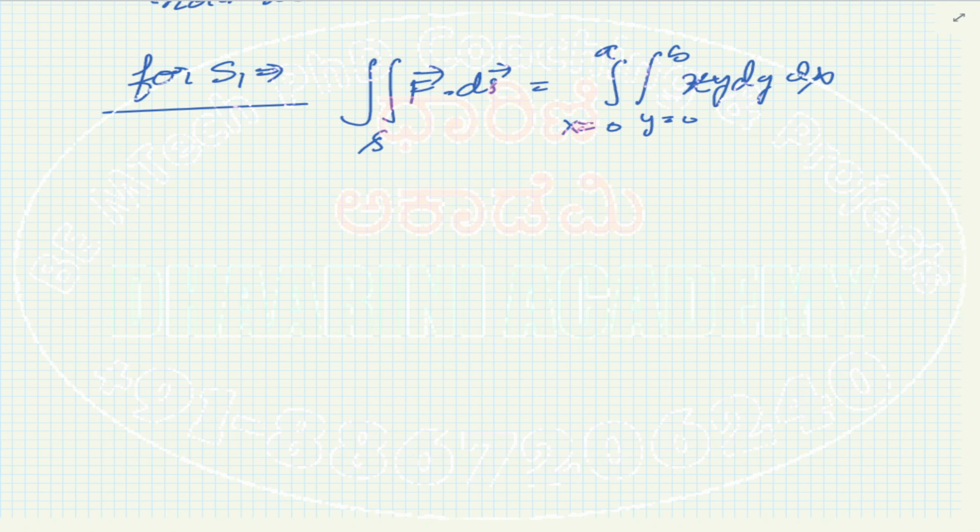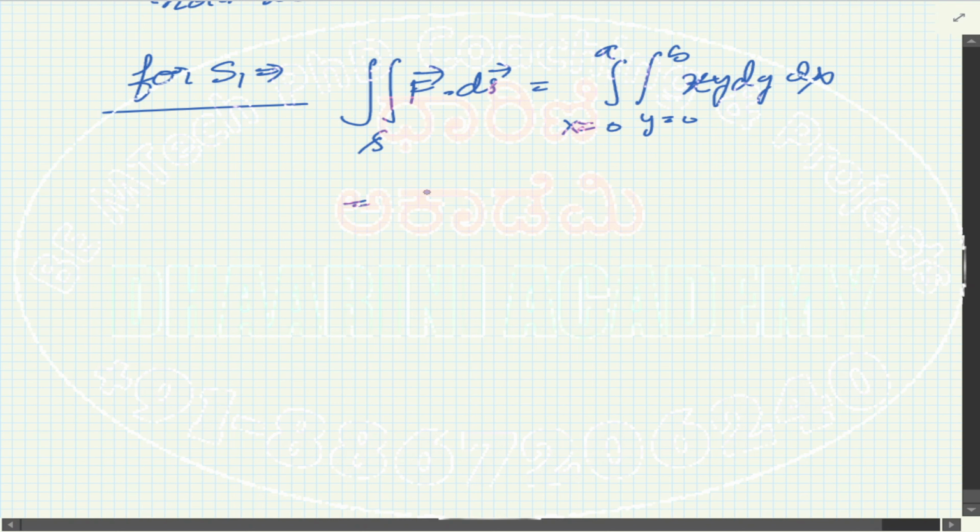In the vector f, put z equal to 0, and since n cap is equal to minus k only, only the term containing k will be retained. So this is equal to the integral with x from 0 to a, minus 0 to this value.